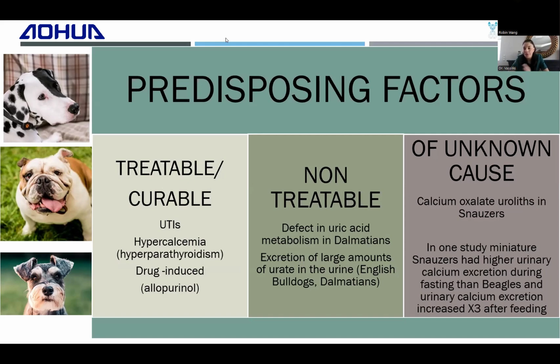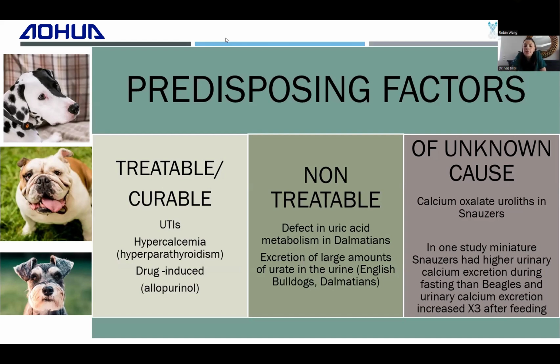That's extraordinary to know about the Schnauzers, because this is a main predisposing factor for urolith formation. So we have to think about the breed, and we have to think about the underlying factors in order to actually know how the dissolving of the uroliths might take place.